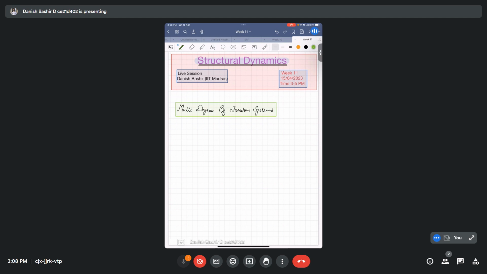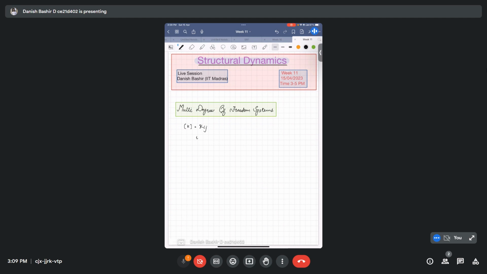Regarding multi-degree of freedom system dynamics, I already told you about the stiffness matrix. The stiffness matrix K we write by elements Kij, where Kij is the force produced at the ith degree of freedom when we give unit displacement at the jth degree of freedom, and all other degrees of freedom are given zero displacement.